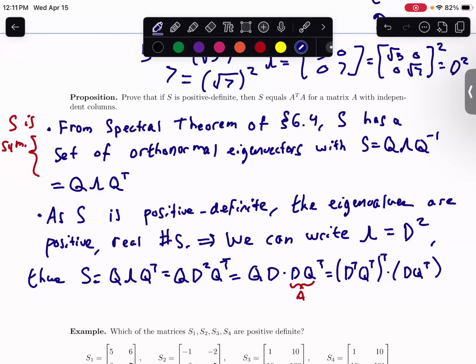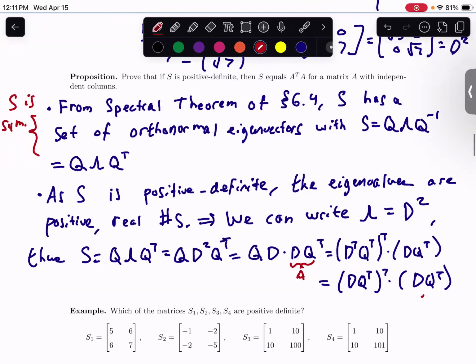And then the last observation here is D is a diagonal matrix, so the transpose doesn't have any effect on it. And so you can just rewrite D transposed as D. So this is the same thing as D times Q transposed times D times Q transposed. The reason why I'm writing it out in this dumb way is if I let this be equal to A, then this matrix next to it is equal to A transposed, right?